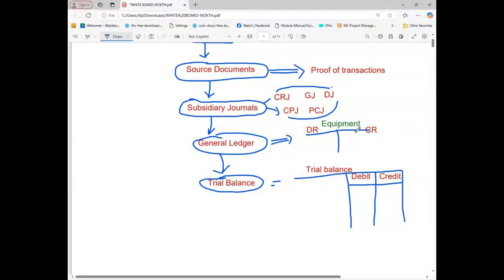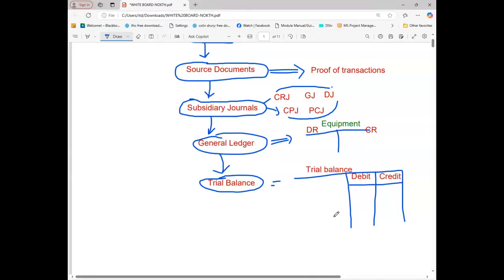Yes. After we have compiled all the general ledger accounts, let's say we have about 20 accounts, those 20 accounts will be transferred to the trial balance. Okay, with the accounts you say are going to be transferred, like equipment and advertisement, they all go to a trial balance.